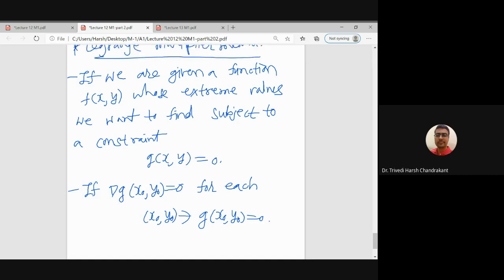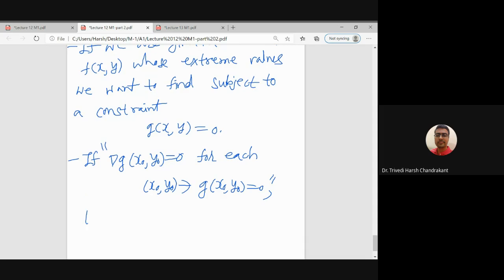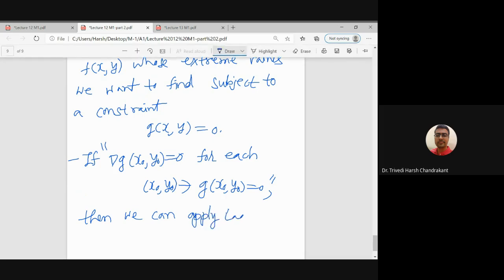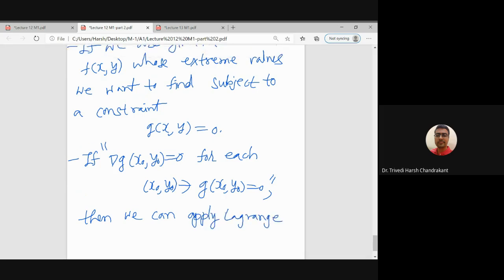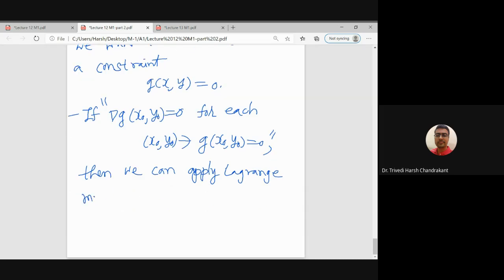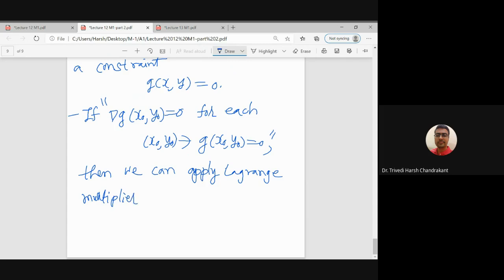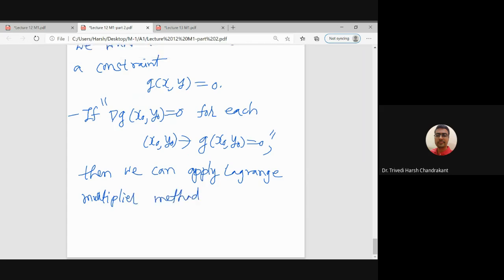If this condition is satisfied, then we can apply the Lagrange multiplier method to solve this question.